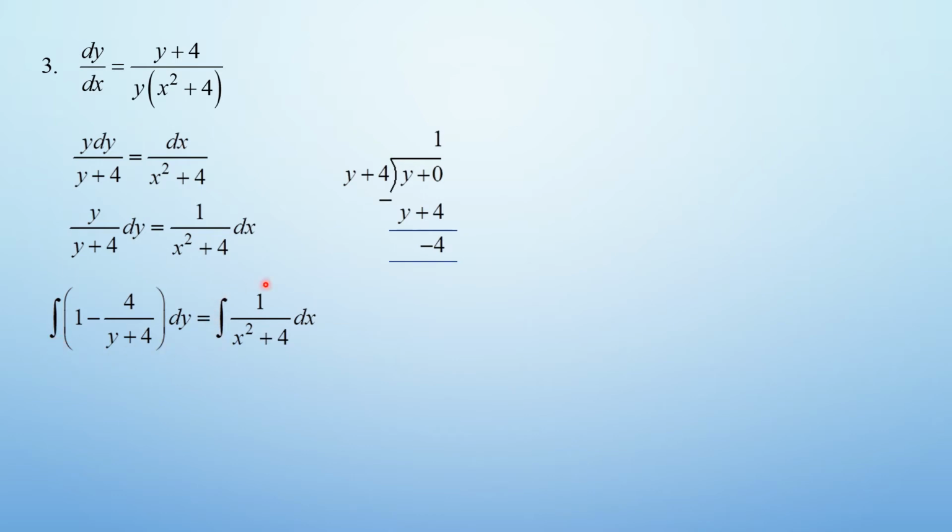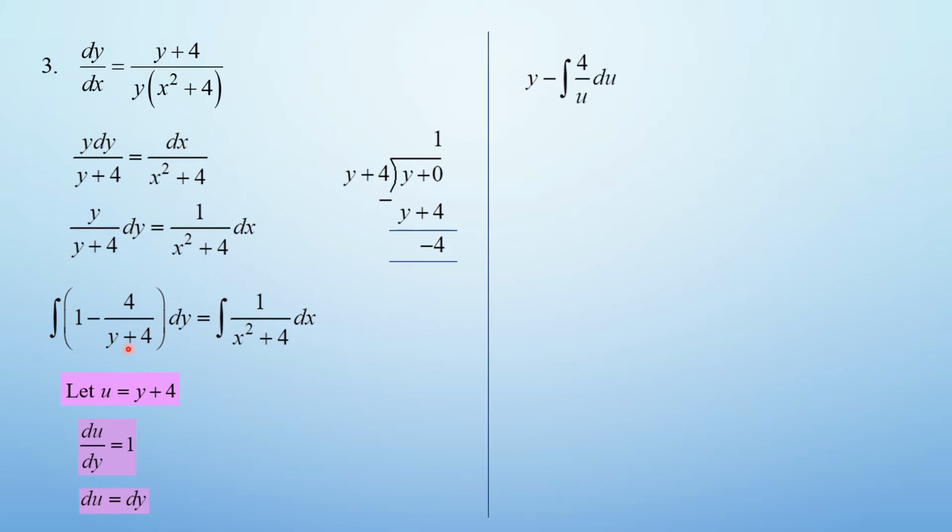After this, we will start evaluating the integral. On the right side, we have not done anything yet, so just keep it as it is. What is the integration of 1 with respect to y? Of course, we know the answer is y. But for this second term here, we have to use integration by substitution, where we let u equals y + 4. Then du over dy must be 1, and therefore du equals dy.